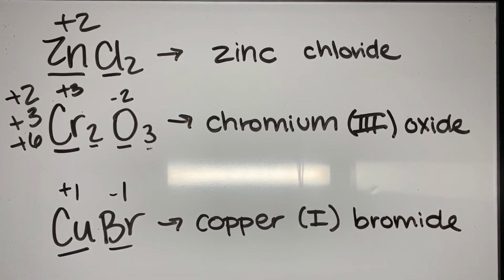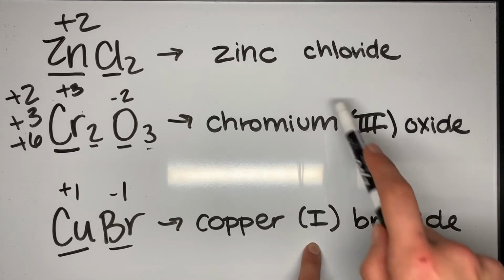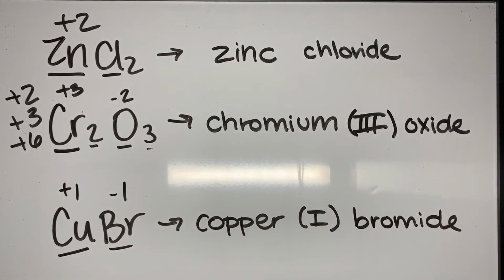So remember that the point of the Roman numerals is to show which of the multiple charges that the transition metal could possibly form it actually is forming for a given compound. So it's really important that we do these Roman numerals, but only if there can be multiple charges, okay?